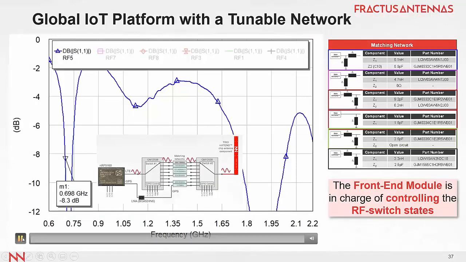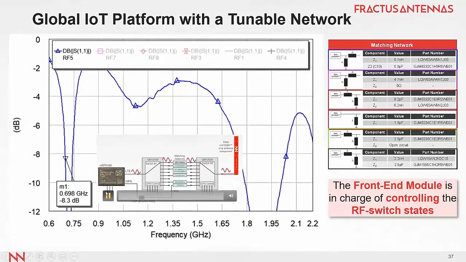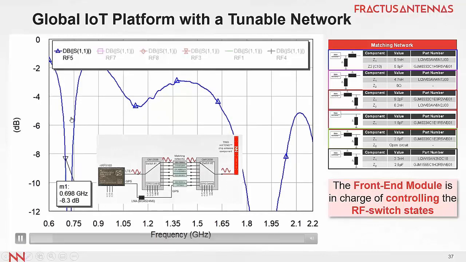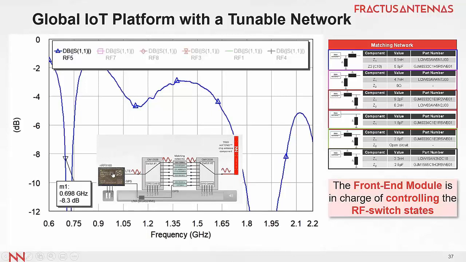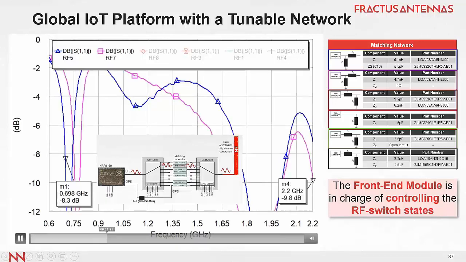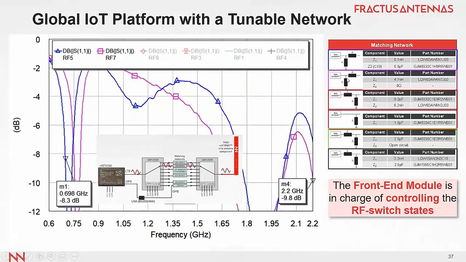Here we have an illustration of how this works. In blue, we have one matching network for operating in the lowest frequency range, around 700. When the transceiver needs to operate at another frequency range, it changes the switches. So you see here that now the matching network changed to the pink one, which is another matching network with only 2 components.